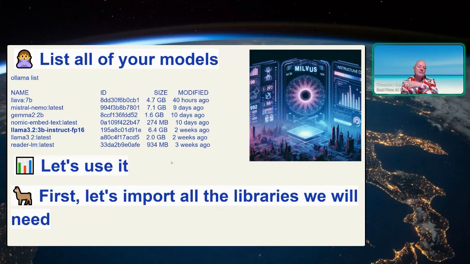Ollama list will give you a list of all the ones you have locally. And as you see, I've been playing around with a lot of different models. Llama 3.2 versus Instruct, different sizes, different results. Nomic Embed was pretty good. Gemma 2 from Google is pretty good too. Same with Mistral Nemo.